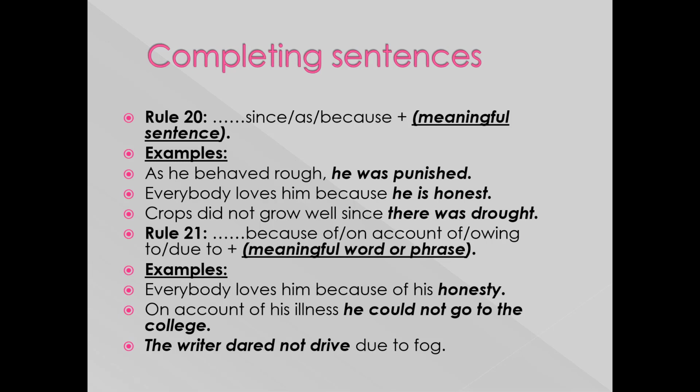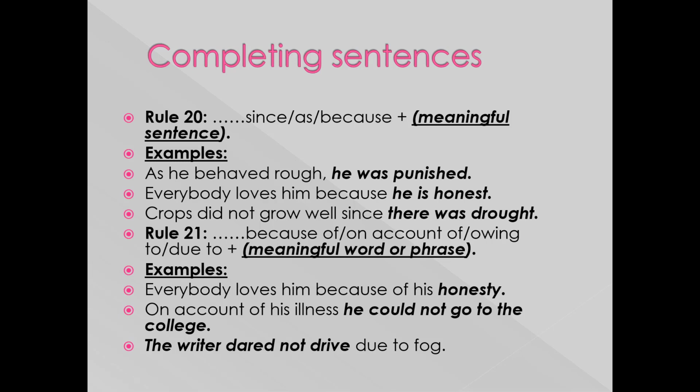So whenever you get them in sentences, you will understand that yes, these are the causes, and now I have to write the effects, the result. So with since, as, because, there is a subordinate clause that expresses some cause, and I have to now write the effects. Meaningful sentence means you will write the effects in that sentence.